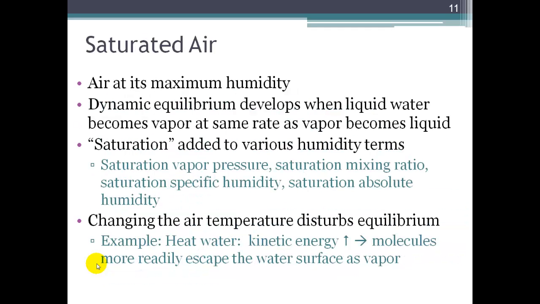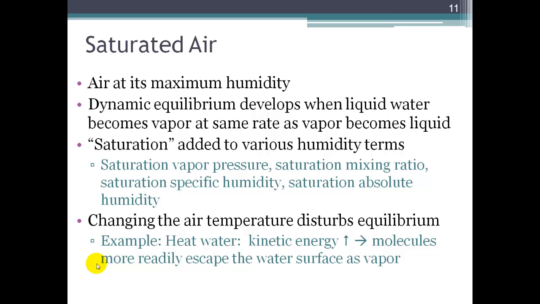When we talk about humidity in the atmosphere, saturation is an important concept. Saturation is the state when the air is holding the maximum amount of water vapor that it can hold. So there's a dynamic equilibrium that occurs when liquid water becomes vapor at the same rate that vapor becomes liquid.